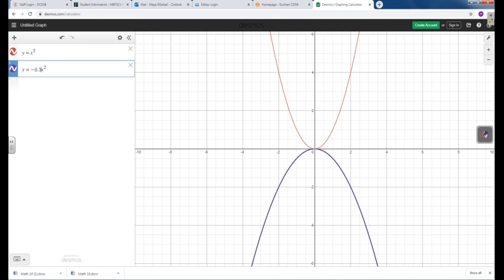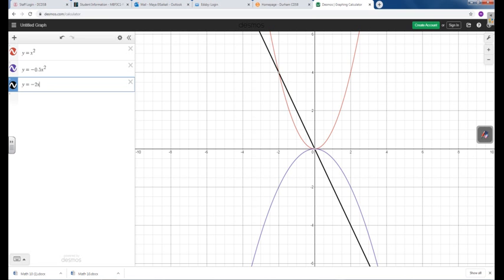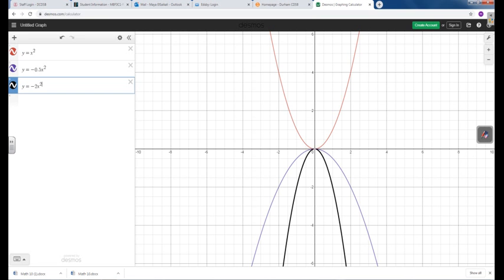So if your a value is negative, your graph is going to open down, okay? The vertex doesn't change. Now, I still have a vertical compression, but I also have a reflection. I have two things happening. And if I have y equals negative 2x squared, I have a vertical stretch and a reflection.